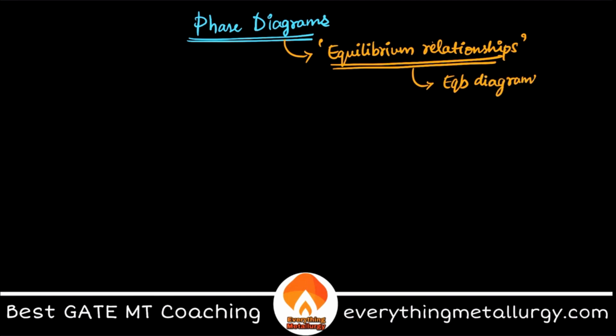Now, what is an equilibrium? You all know that for a chemical reaction, when the forward reaction rate is equal to the backward reaction rate, we say that the reaction or system is in equilibrium. Similarly, let's say I have two phases A and B. Without going into detail on concentrations, these two phases are in equilibrium.